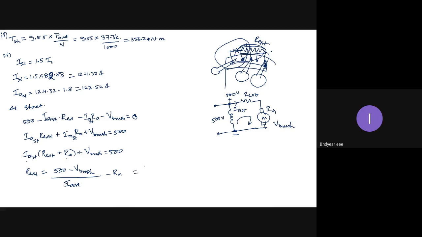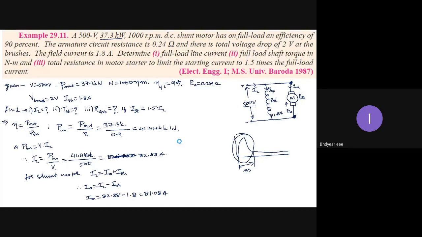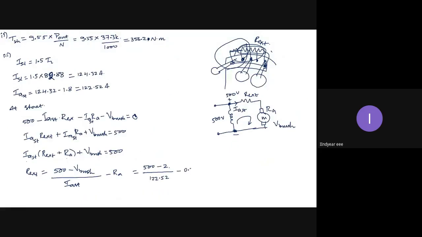Now find this out. 500 minus 2, divided by IAST which is 122.52, minus RA, which is 0.24. So R external comes out to be 3.82 ohms.